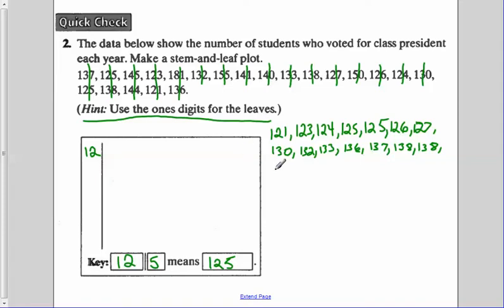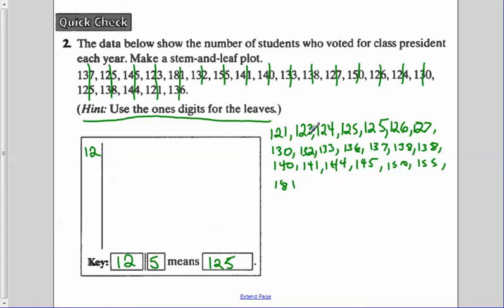There's a 140, 141, 144, 145, 150, 155, and then if I keep on looking through, I don't see any 160s, I don't see any 170s, but I do see a 181.